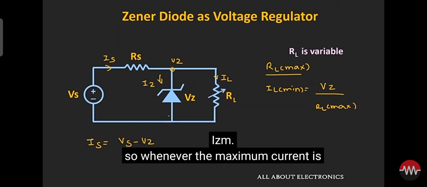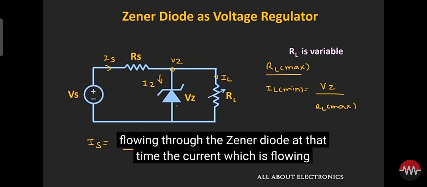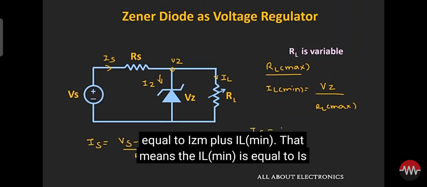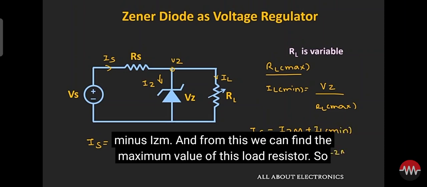So whenever the maximum current is flowing through the Zener diode, at that time the current which is flowing through this load RL is minimum, or mathematically we can write it as IS is equal to IZM plus IL minimum. That means IL minimum is equal to IS minus IZM. And from this we can find the maximum value of this load resistor.